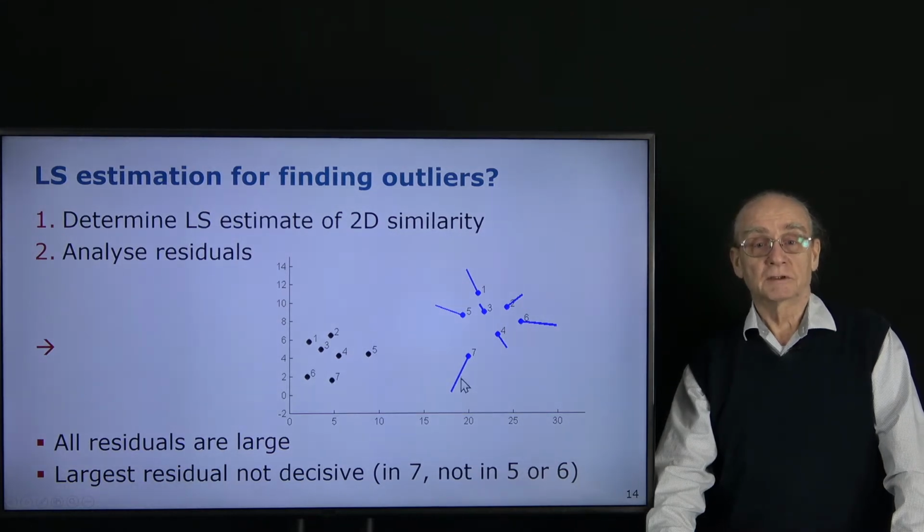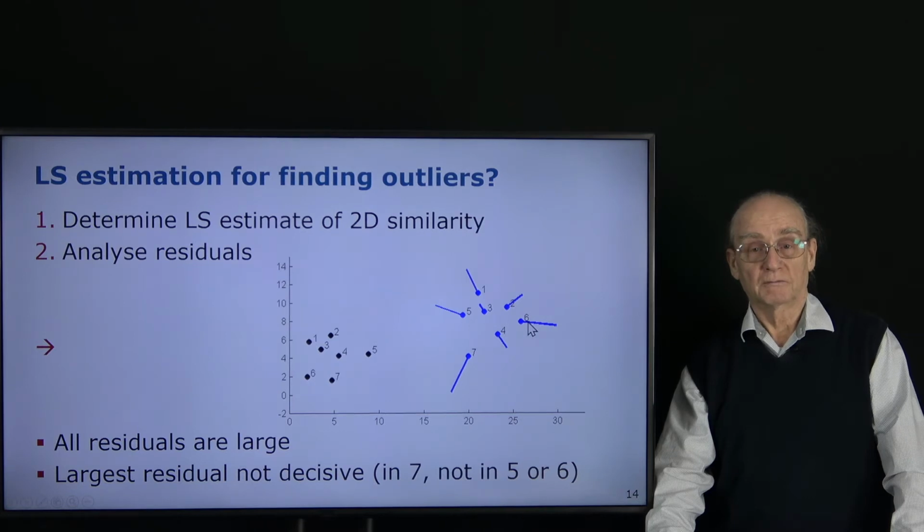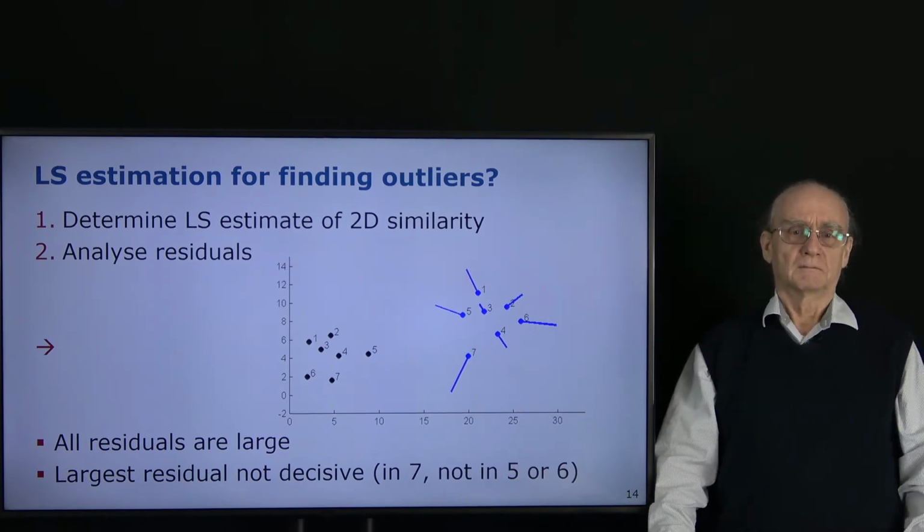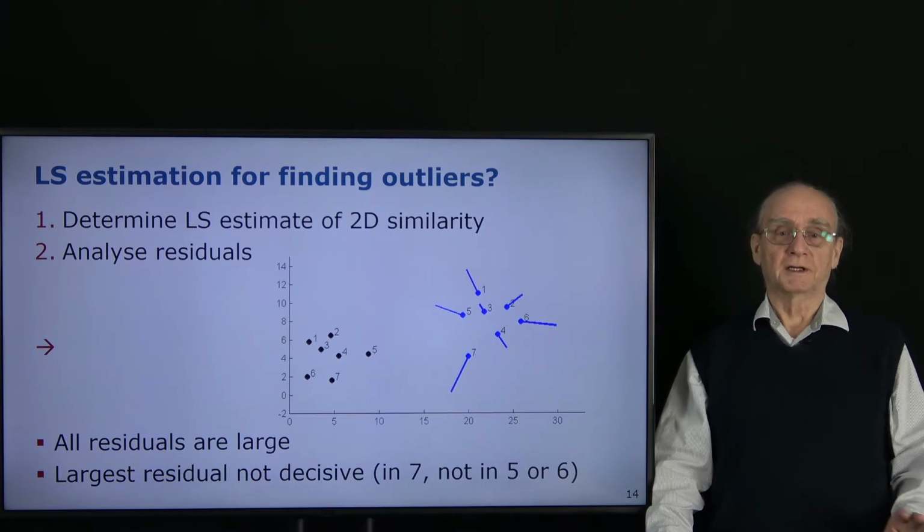The largest residual is at this point. This is point number 7. But this is not a wrong point. It's a good point. These two are the bad points. So even with this simple example, you see that the least squares residuals are not useful for finding outliers if you have large outliers or if you have many outliers. If you have only one outlier, there are methods which can solve this problem, but this is not always very useful. So let's forget least squares estimation for finding outliers.